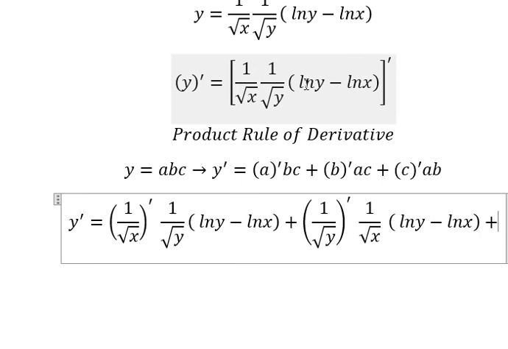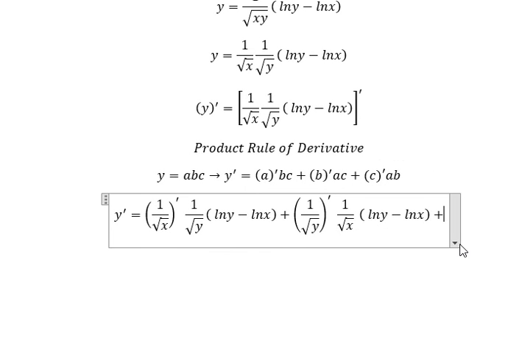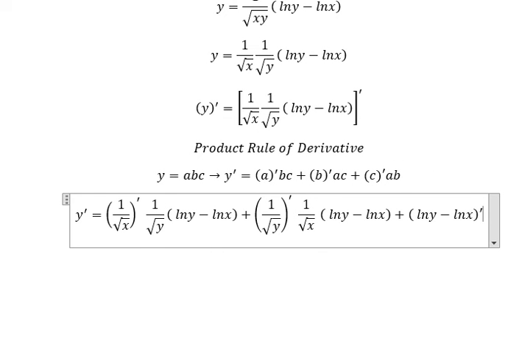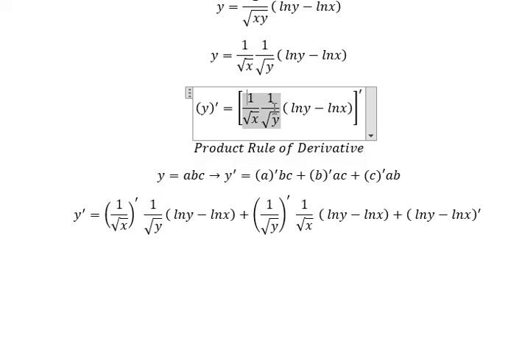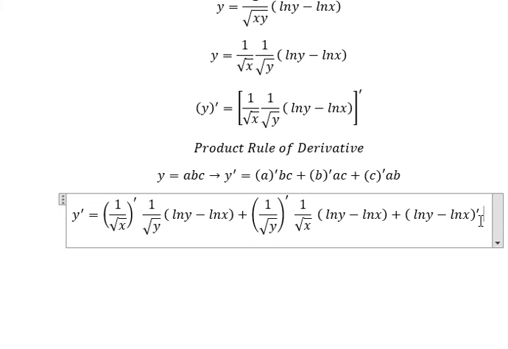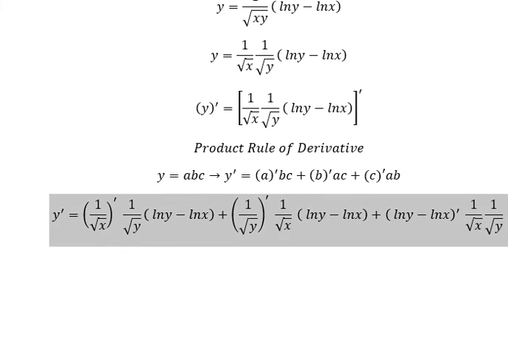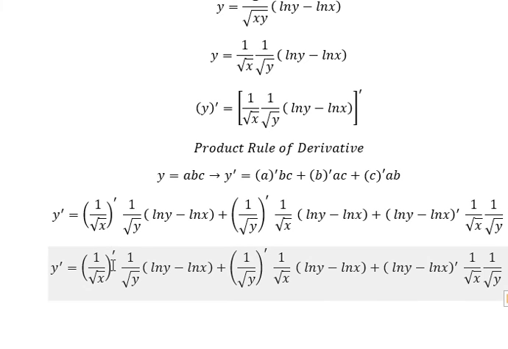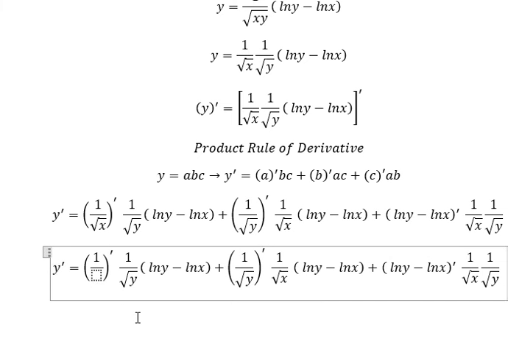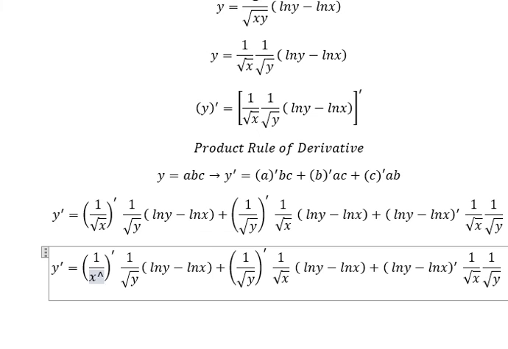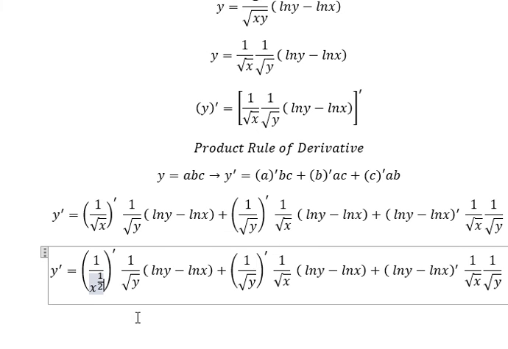Later that we do the derivative of this one. We multiply by this one. So this one we can put into x to the power of 1 over 2. Similar for the second one in here.